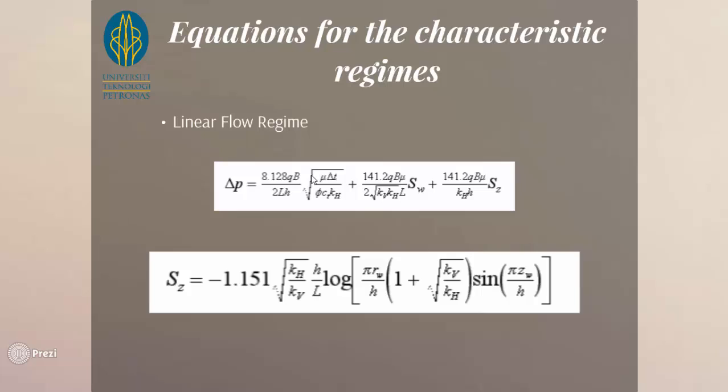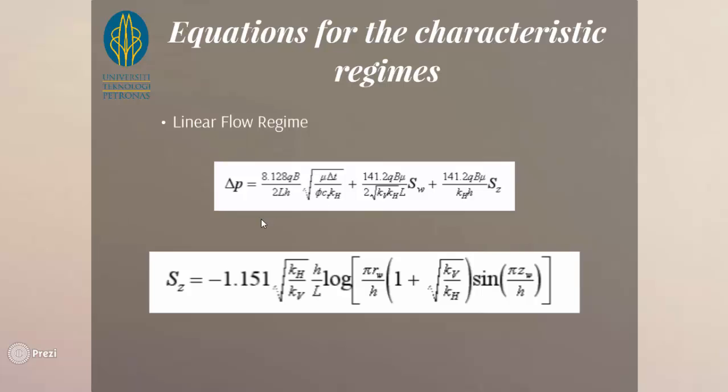With a horizontal well, the flow lines have to converge toward the well located at Zw in the formation thickness. This partial penetration effect produces a pressure drop expressed with the skin Fz. During the linear flow regime, the two skin effects Sw and Fz are additive.